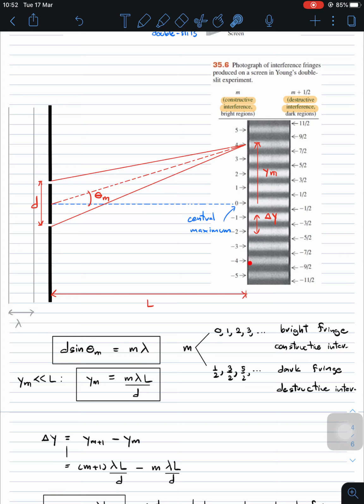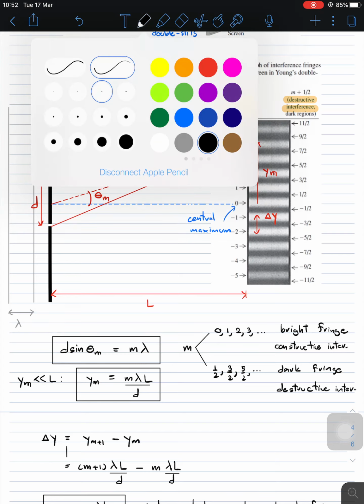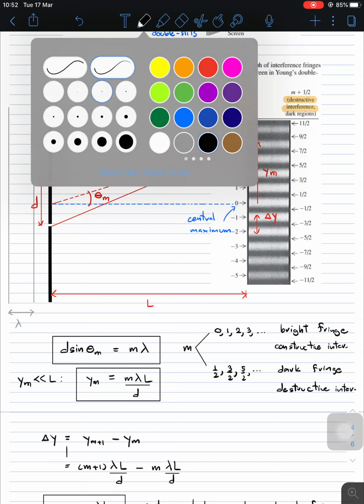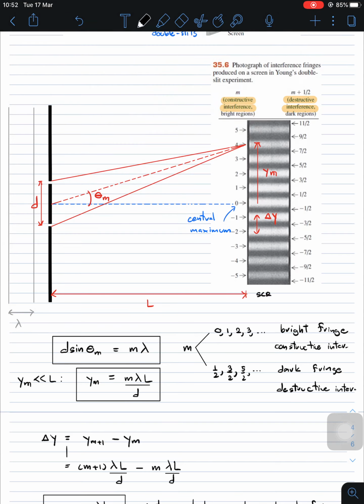If I move the screen further and further, that's the case we want to consider, because in the real experiment L is about 2 or 3 meters, but Y is just about a millimeter.